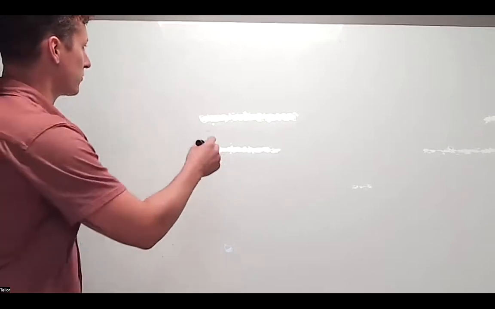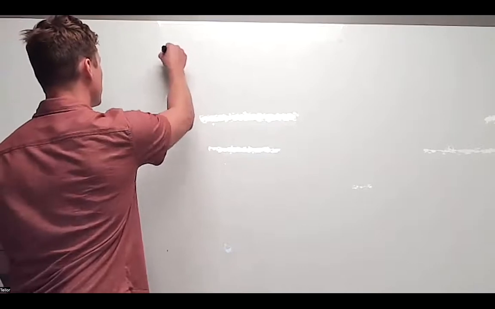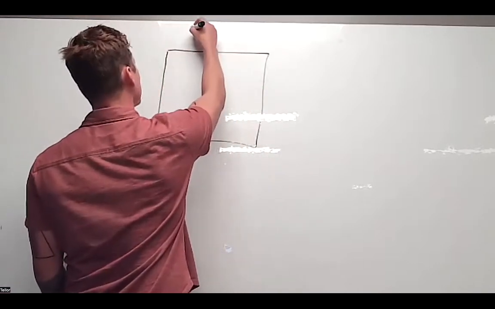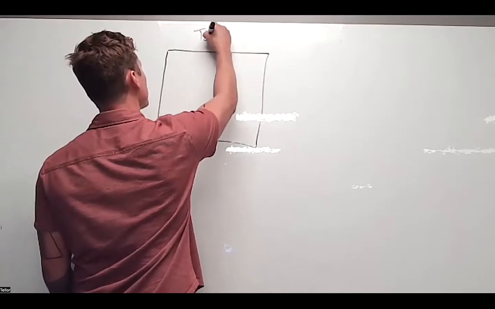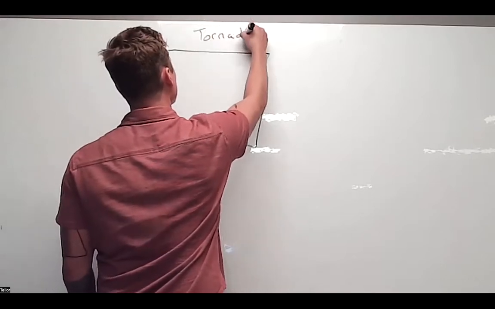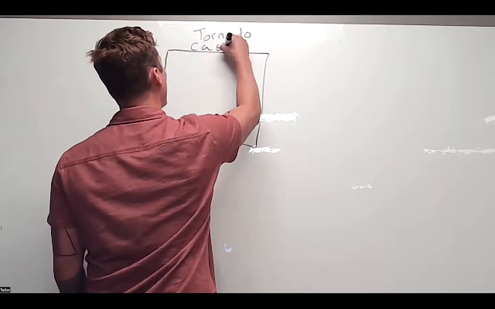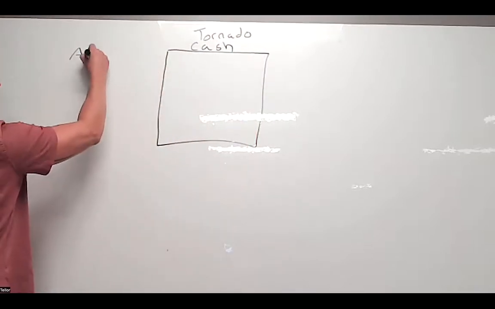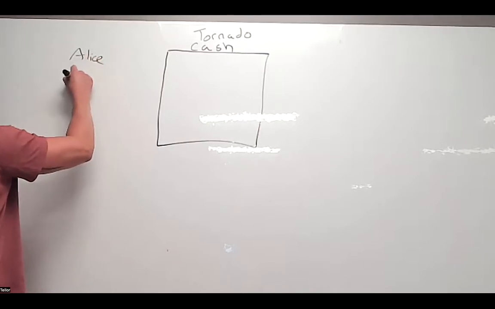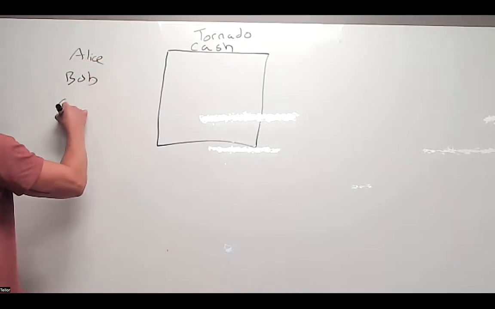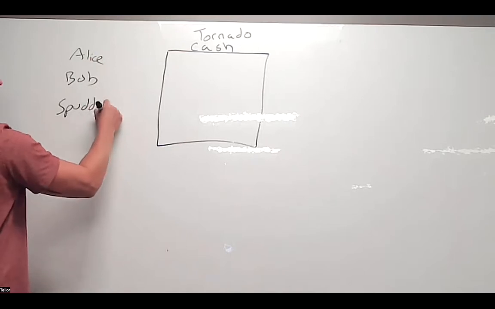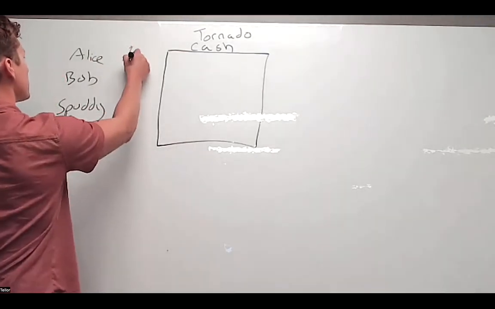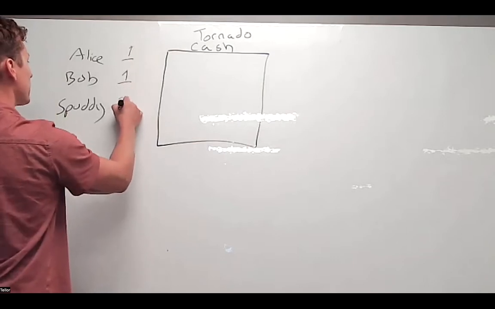The big way, I'll just sort of draw it here. There's the smart contract, which is Tornado Cash. And then what happens is you'll have Alice, Bob, and Spuddy, and they'll each deposit 1 ETH.